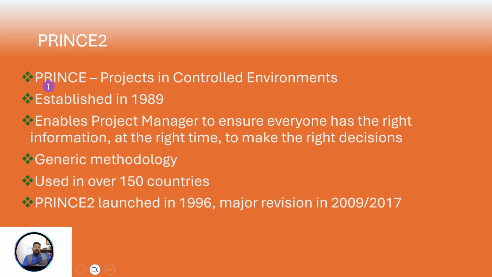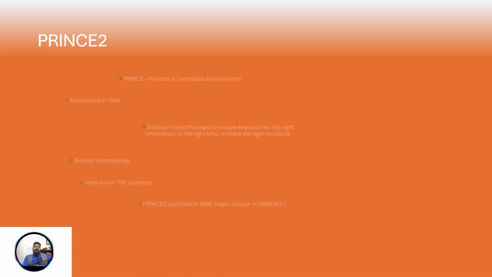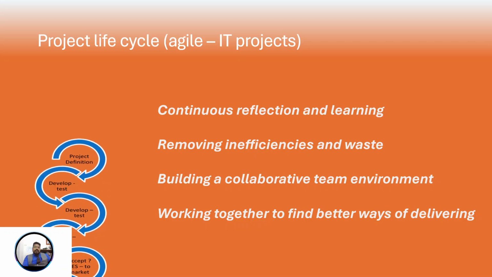PR is Projects, IN is in, C is for Control, E for Environment, established in 1989. It is more used in UK-based projects, while PMI is majorly used in projects which are US-based. So this is the fundamental difference. Otherwise, the rest of the things are the same.